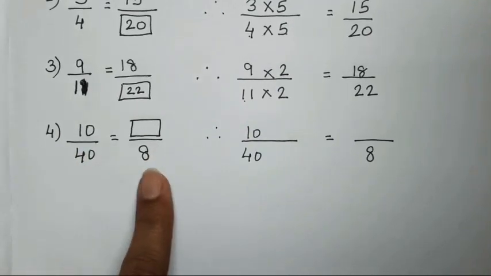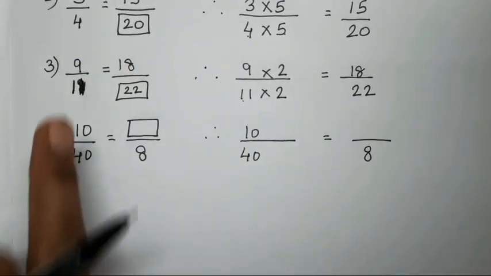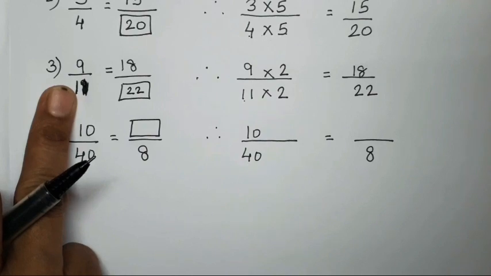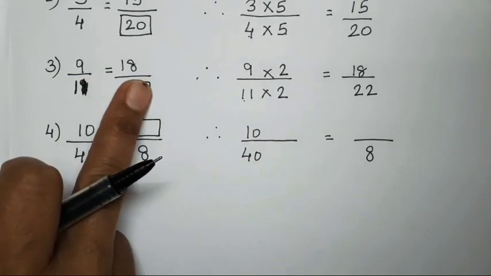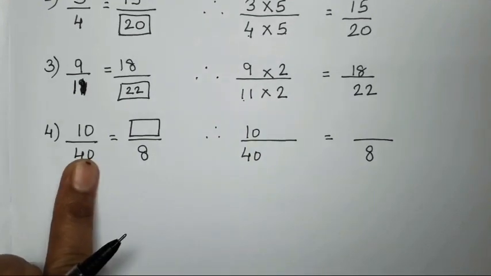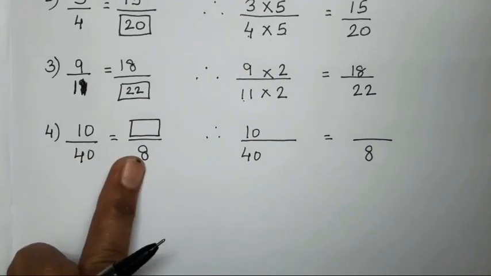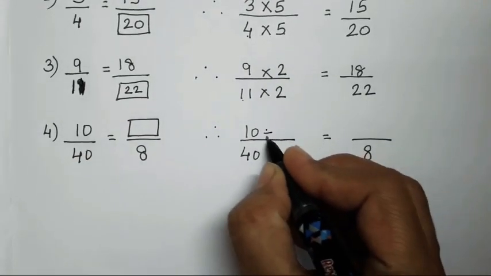See, 40 and 8 over here, 11 and 22, 9 and 18. So when in the first place the fraction is smaller and the second fraction is bigger, that means you have to multiply. But when your first fraction is bigger and your second fraction is smaller, like 40 and 8, that time you have to divide.